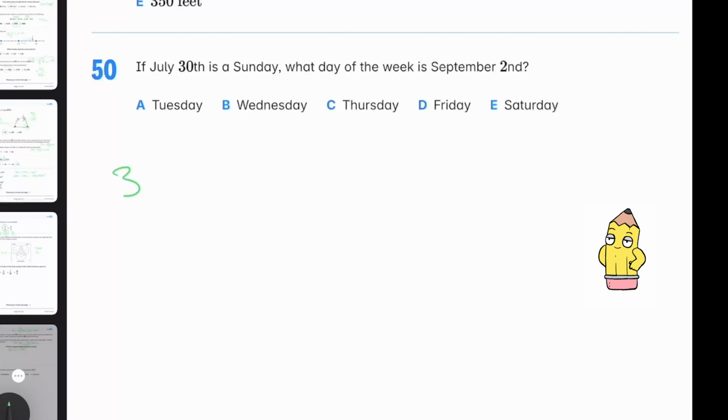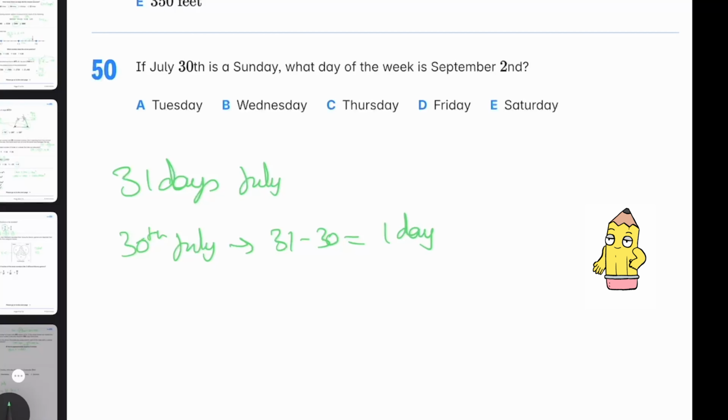So we have 31 days in July, and from July 30th to the end of July is going to be 31 take away 30, so that's 1 day. Therefore, in total, we've got 1 day, we've got 31 days, and we've got 2 from September, so that's 34 days in total.